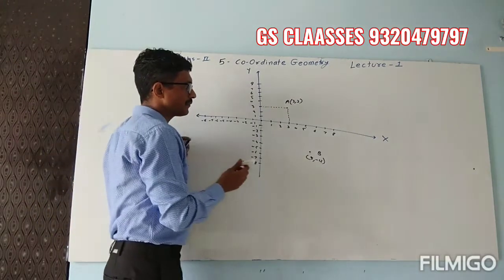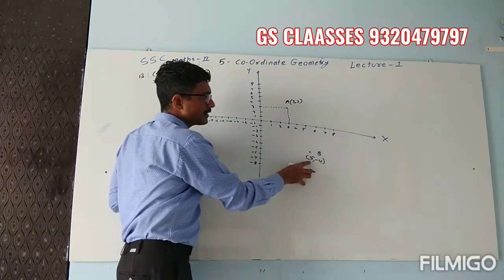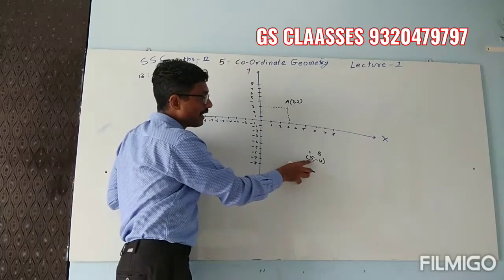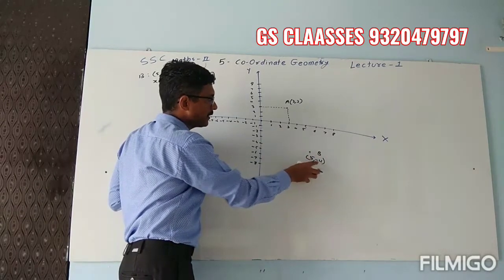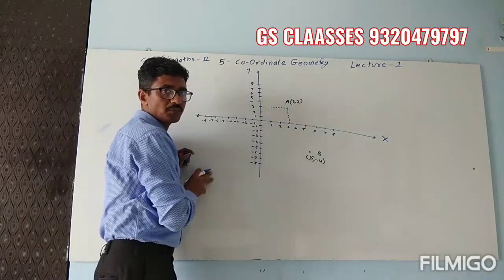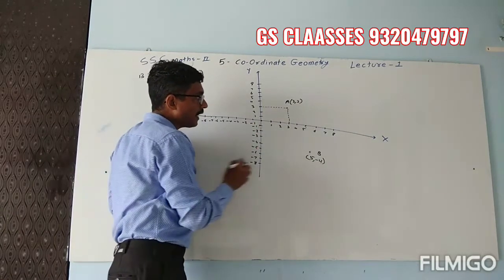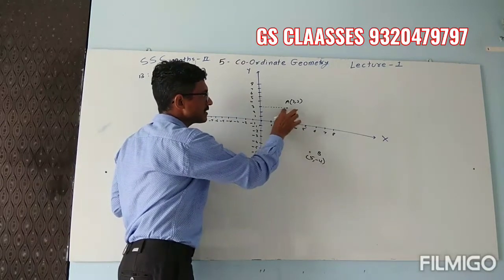Now children, the first number denotes the x coordinate value and the second number denotes the y coordinate value. I will just erase this part.